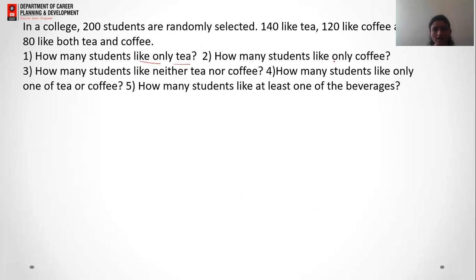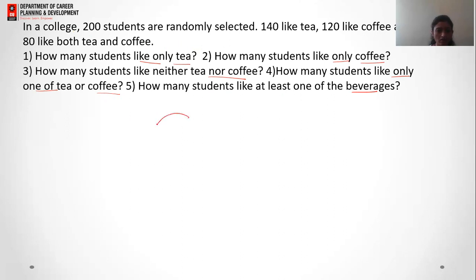How many students like only coffee? How many students like neither tea nor coffee? How many students like only one of tea or coffee? And how many students like at least one of the beverages? In total, 200 students are there, randomly selected. Out of 200 students, 140 like tea, 120 like coffee and 80 like both tea and coffee.